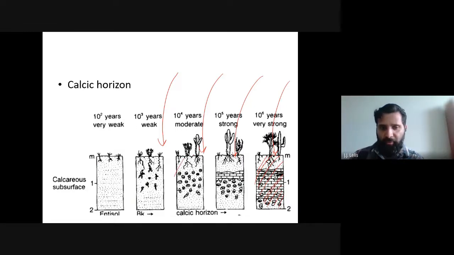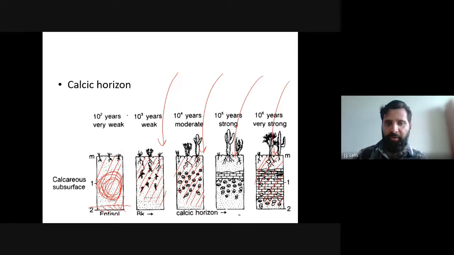Some soils present only concretions and nodules. Some soil profiles present only mottles, and some soils don't present anything. We only can see the limestone here, but we can't see anything inside the soil, inside the A or B or even the C horizon. So we can infer that these soils probably have different ages.